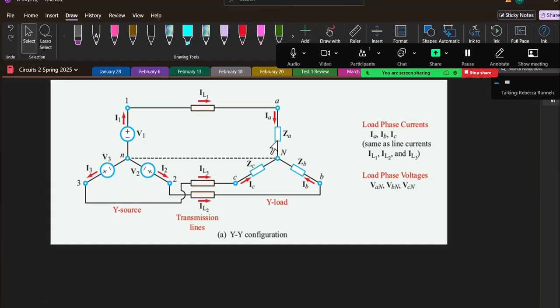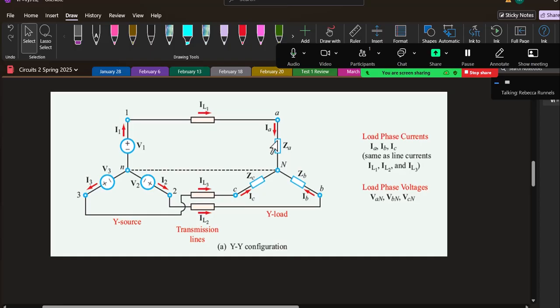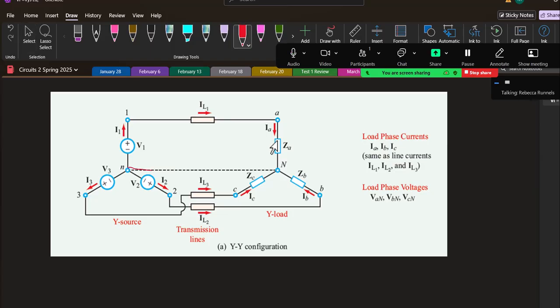And then concept question 6. What is the magnitude of IN in a balanced Y configuration? Let's find a balanced Y configuration. This is a balanced Y configuration.